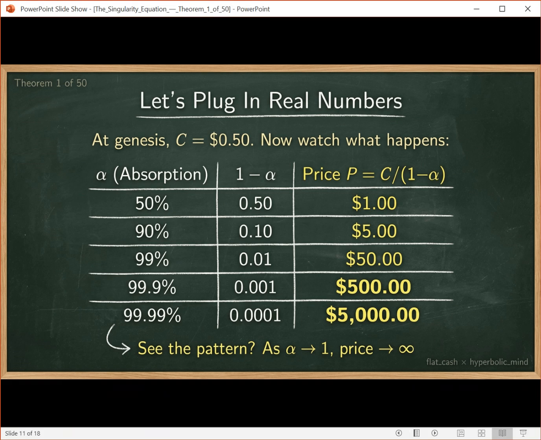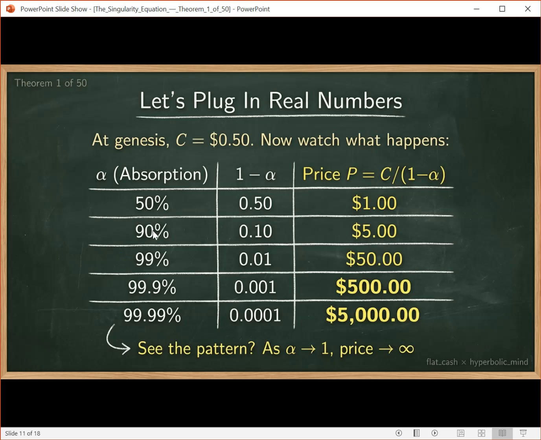So let's plug in the numbers. Now you look at the absorption numbers. On day one, when we launch this pool on Uniswap, it starts with alpha equal to 50%, or 0.5. So the price on that day is C divided by 1 minus alpha. When it calculates, it comes to $1.